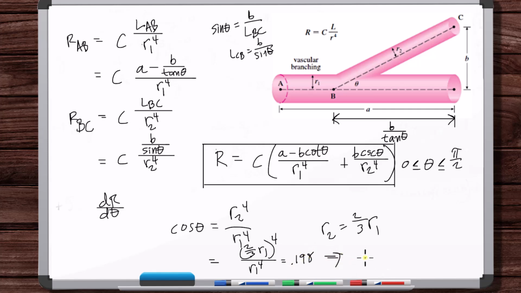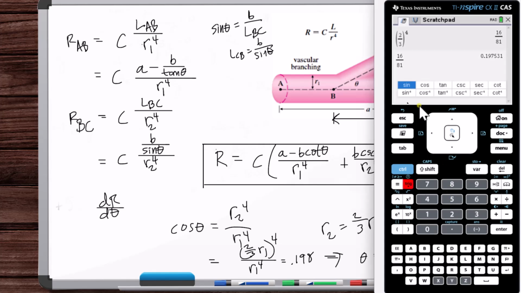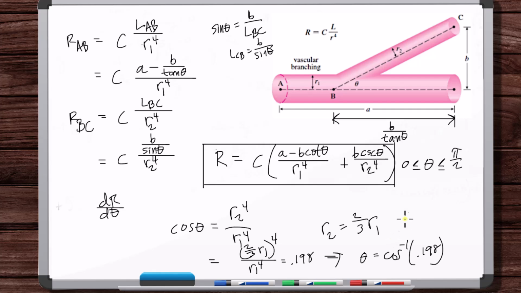So the theta is equal to the inverse cosine of 0.198, about 1.37 radians. Okay, and that's going to be the optimal because this is the value that minimizes R.